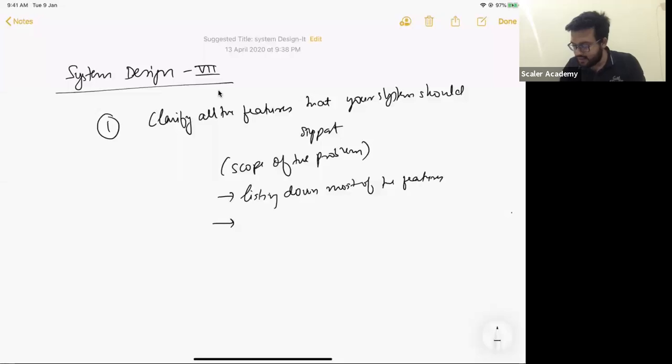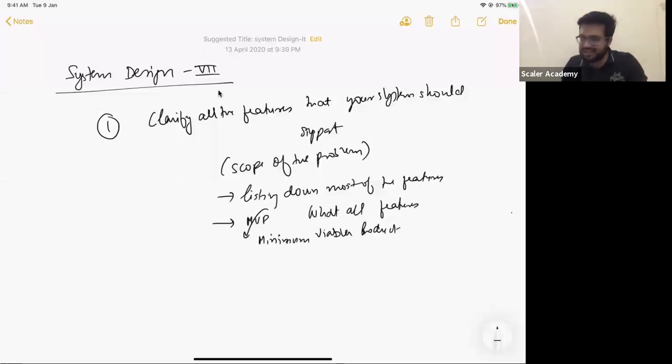Does it make sense? So figuring out what all features you would want to have in your minimum viable product. What is a minimum viable product? We will be discussing that in a bit. This is the first part of the solution.